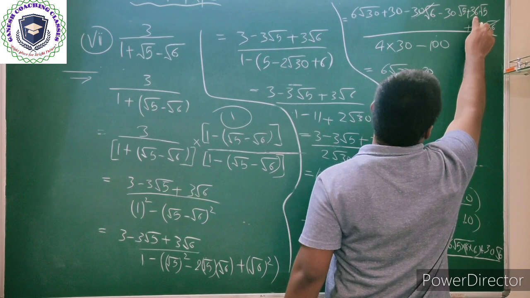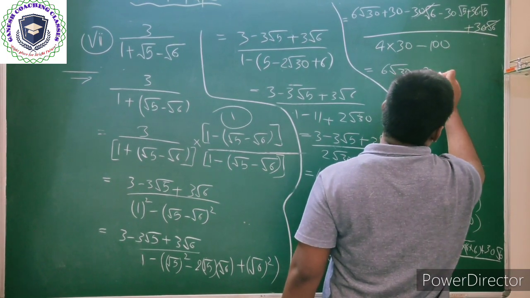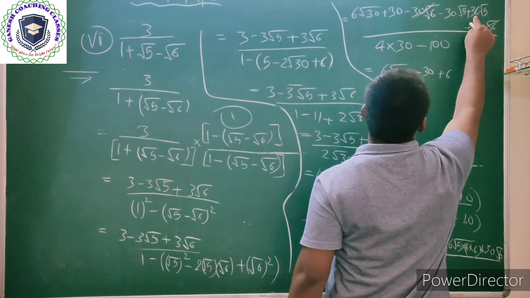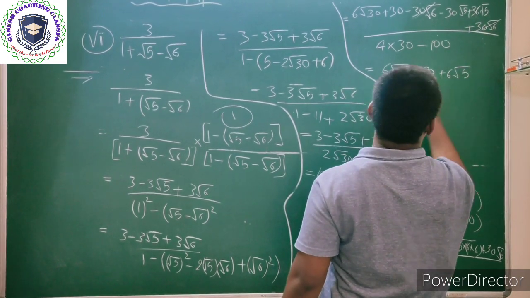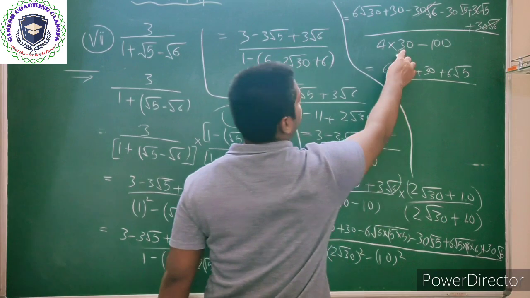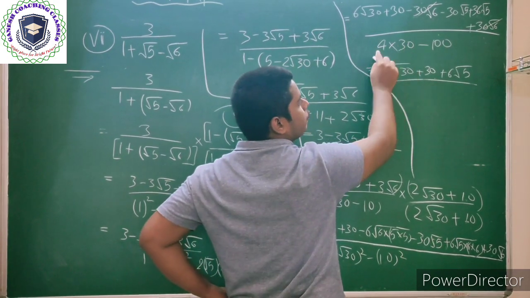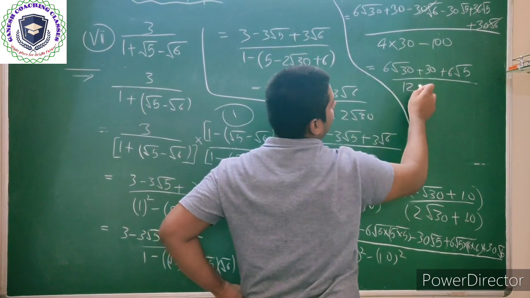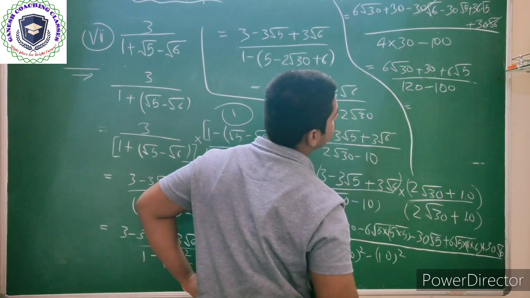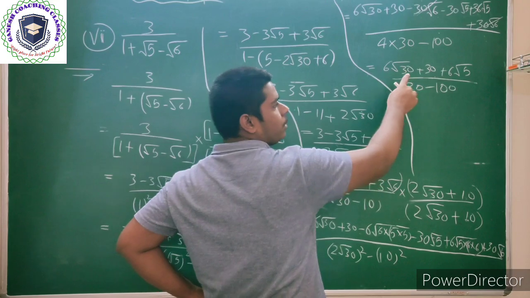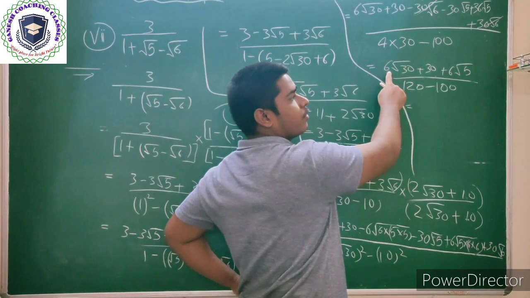Minus 30 plus 36, that is plus 6, because 36 is the bigger number which carries positive sign here. So root 5 is common, and in denominator 3 4s are 12 and 0 remains as it is, 120 minus 100. Okay, now is there any common number in the numerator? We can take 6 as a common.